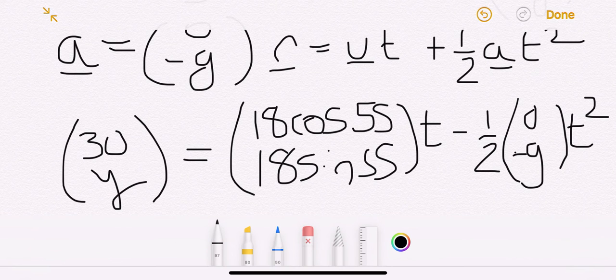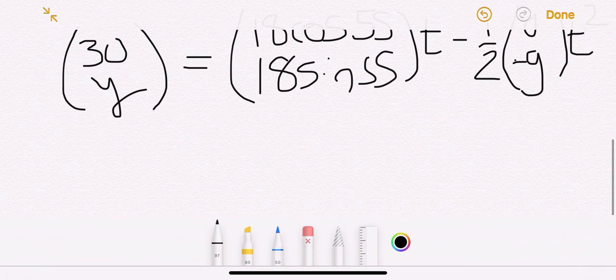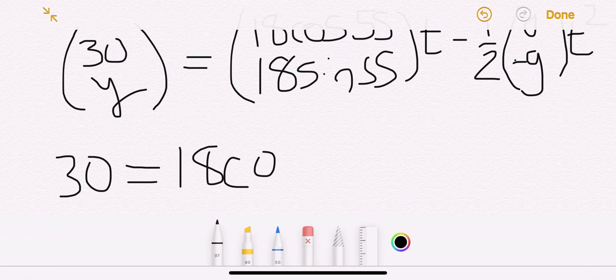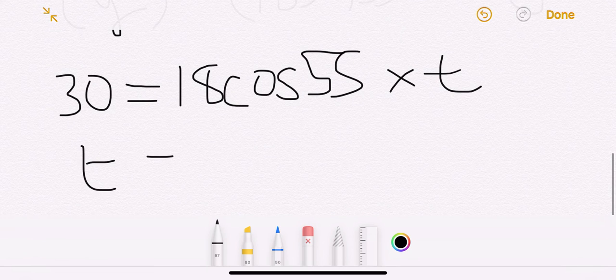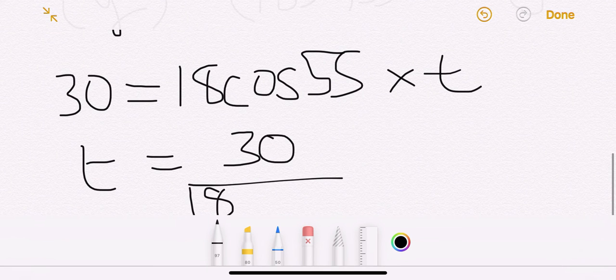Well, taking the horizontal components, you get 30 equals 18 cos 55 times t. So t is 30 divided by 18 cos 55. Well, this should be your answer to part 2.